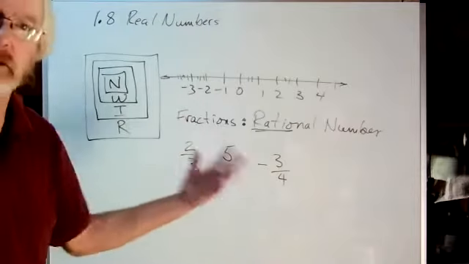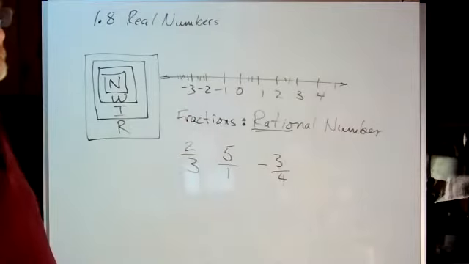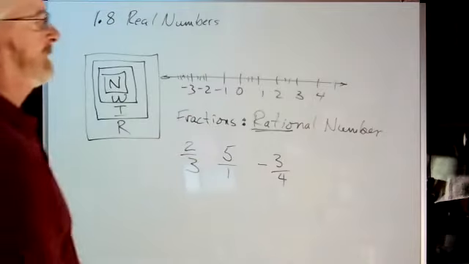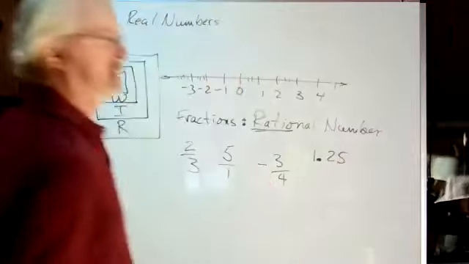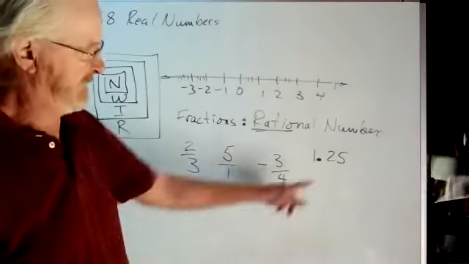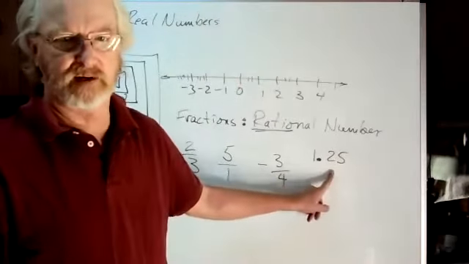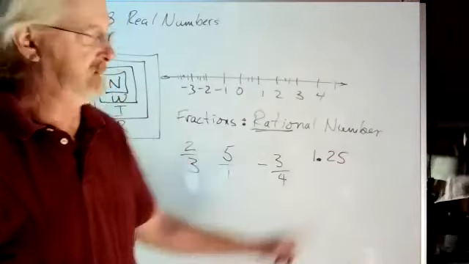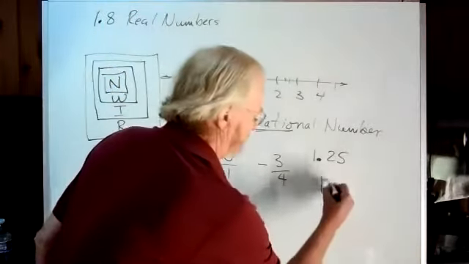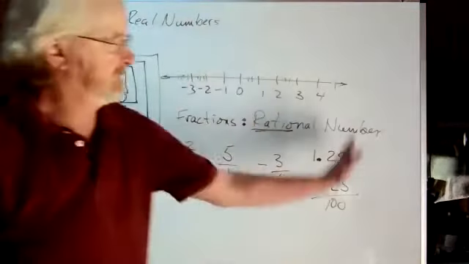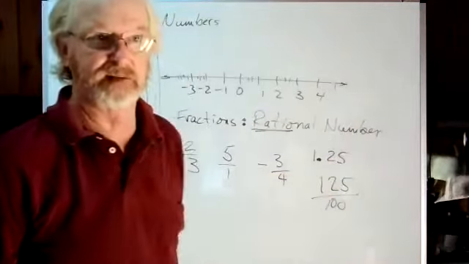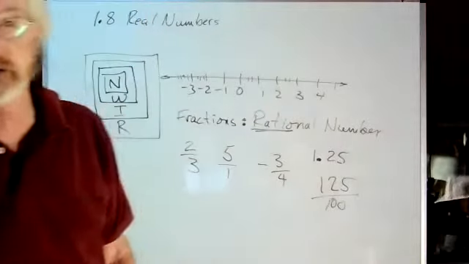Now, rational numbers you can make look like a fraction. Well, how about 1.25? I just got done talking about decimal values. That's really a way to write 125 over 100. There's a way to make any terminating decimal, that is, a decimal that ends, look like a fraction.